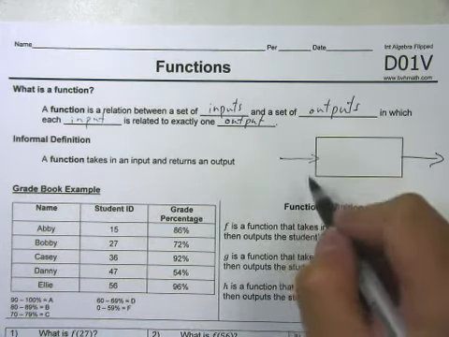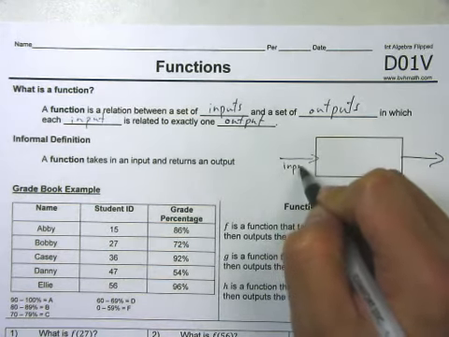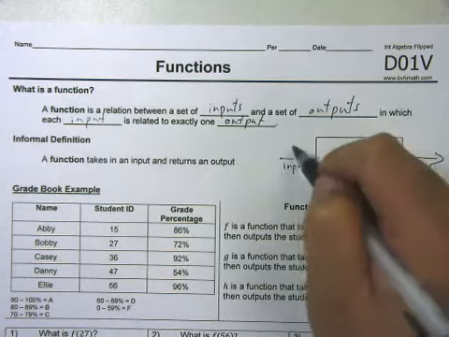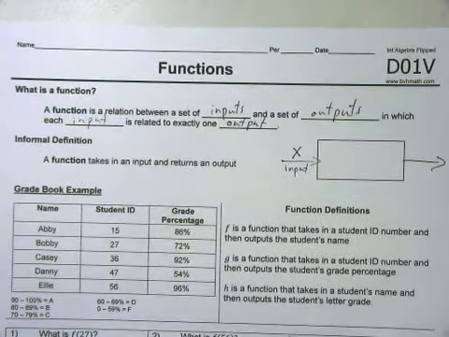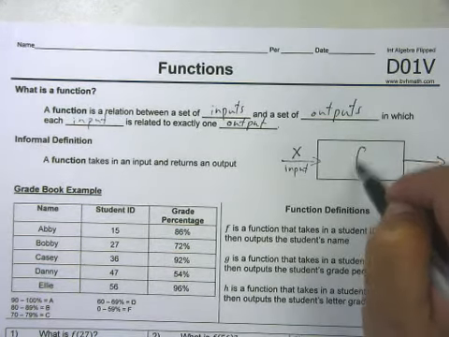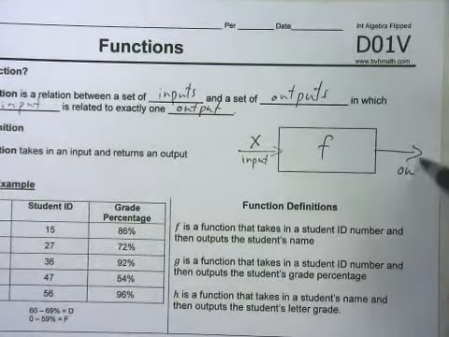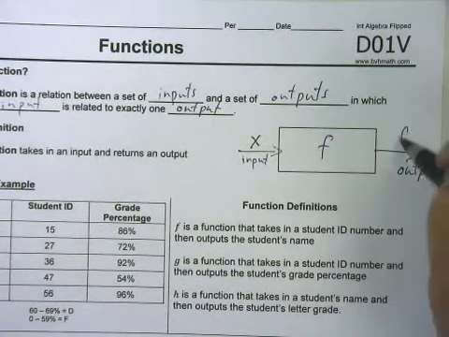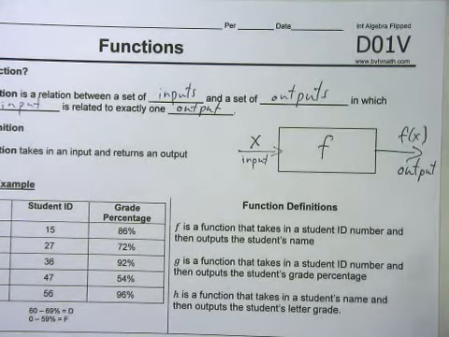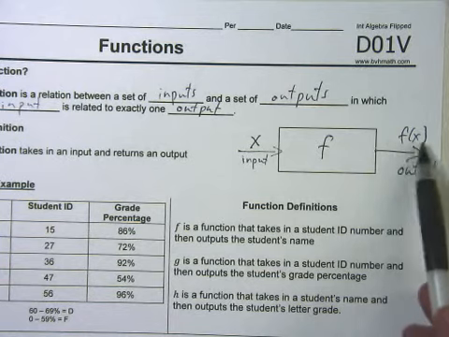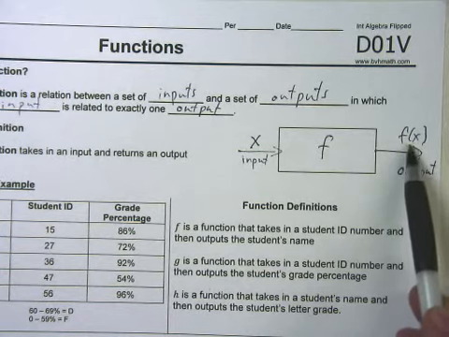What goes in is called the input, and oftentimes we call that x. Let's say this is our function f, and what comes out is our output, f of x.